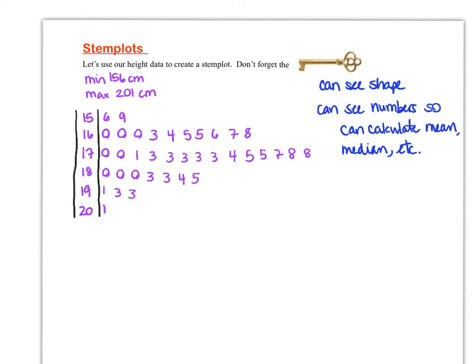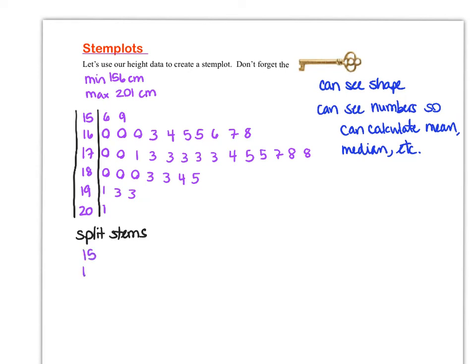Now, what we do notice about this particular stem plot is we don't really have many bars. We've got 6 bars, and maybe our data is too tall. So what we decide to do in this case is split the stems. And so that means we're going to redo the stem and leaf plot, but instead of having one line for 15, we're going to have 2 lines for 15.